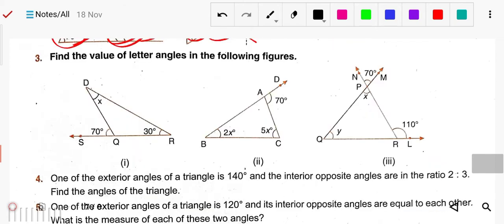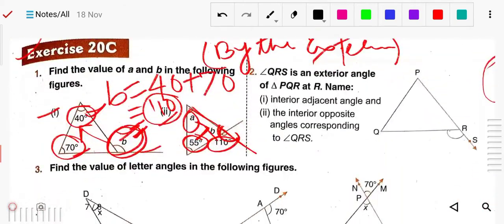Now next, number 2. Angle QRS is an exterior angle of triangle PQR at R. Name the interior adjacent angle. You can see this is the exterior angle.